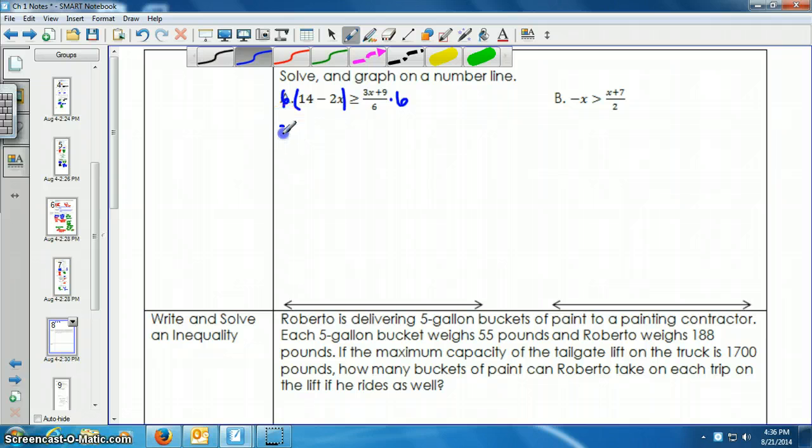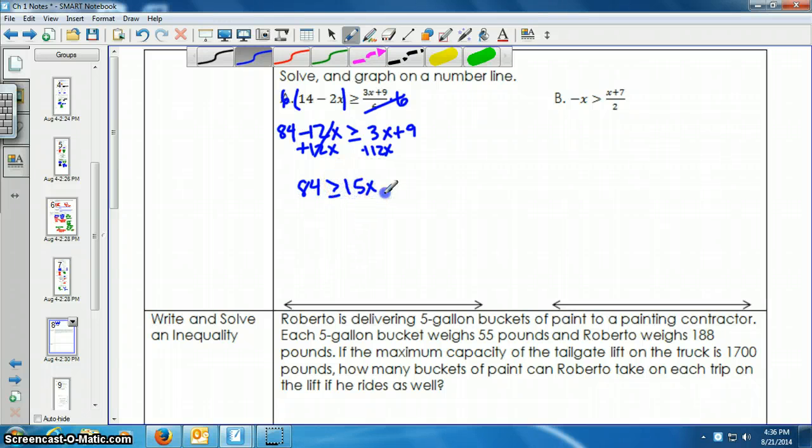So we end up with 84 minus 12x is greater than or equal to 3x plus 9, because that 6 canceled out there. Now let's get rid of the smaller variable. That would be the negative 12 by adding 12x to both sides. We get rid of that. 84 is greater than or equal to 15x plus 9.